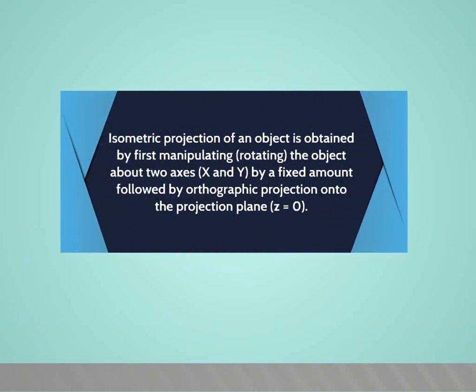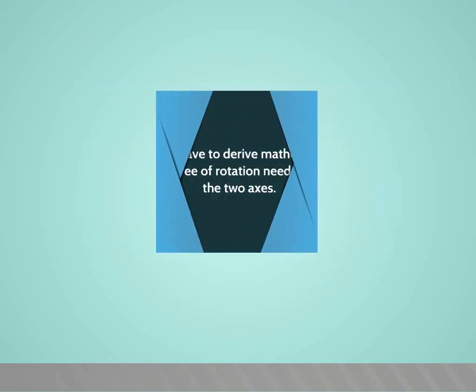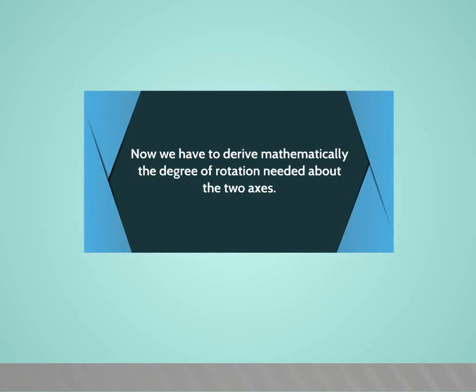Isometric projection of an object is obtained by first manipulating, that is rotating, the object about two axes, x and y, by a fixed amount, followed by orthographic projection onto the projection plane, that is z = 0. Now we have to derive mathematically the degrees of rotation needed about the two axes.